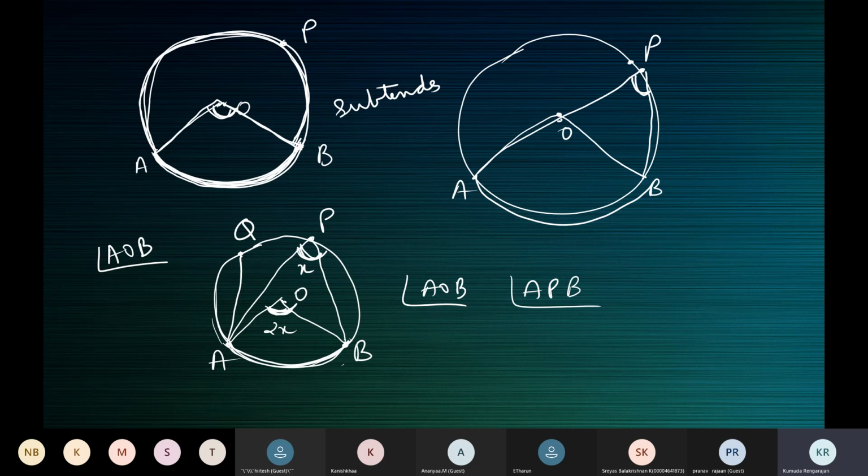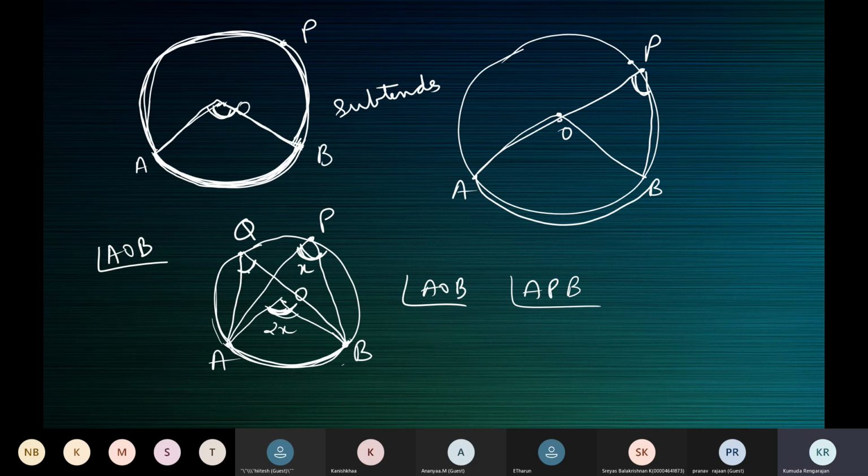We join A to Q and B to Q. I don't know if I can make it correctly, but let me try. So this is the angle subtended by the same arc AB at a different point Q on the remaining part of the circle.